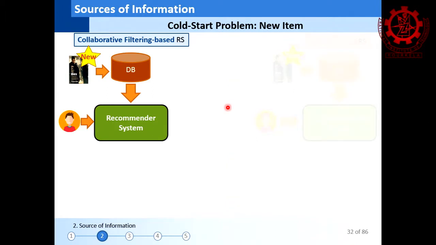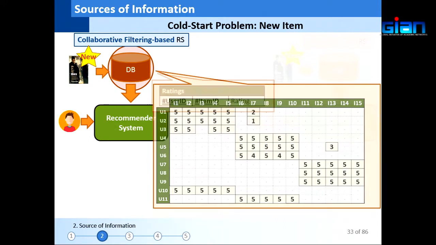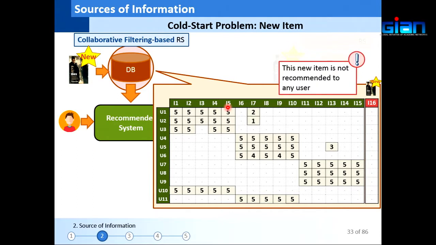In collaborative filtering-based recommender system, again we have this input, which is equivalent to this one, and we have included a column, an item, representing the ratings that the users have made to this item. However, this item is new, so no user has provided any rating to this item.